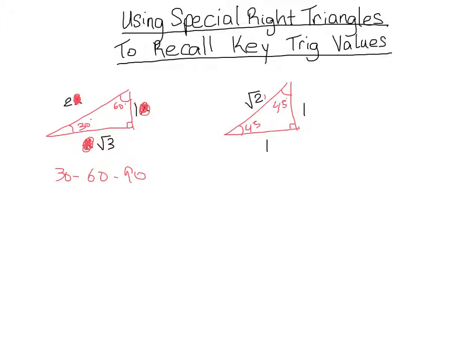So that's a 45, 45, 90 triangle. So the ratio of sides to our 45, 45, 90 is, again, 1, 1, and then the biggest side is root 2. Alright, so these values we do need to remember. Once we remember them, then I think you're going to be amazed at what our trig functions turn out being.